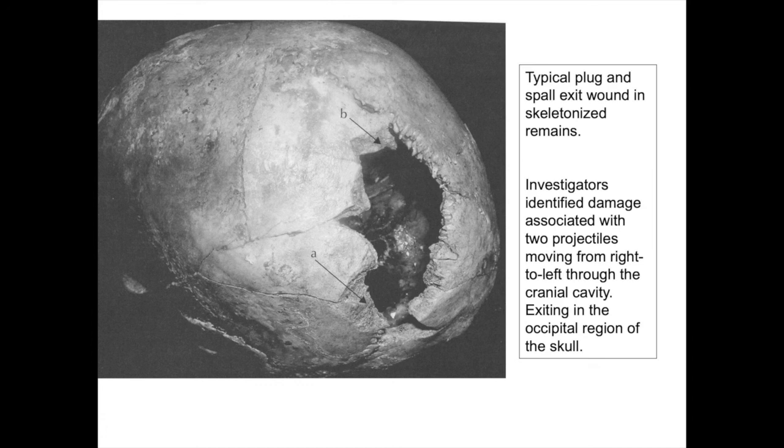And when it's moving from right to left, you can see that many of the angular breaks in that spall are pointing to the left side of the body. So it's entering through the oral cavity and part of the face, moving through the cranial cavity, and then exiting with that right to left angle, in this case in the occipital region of the skull.